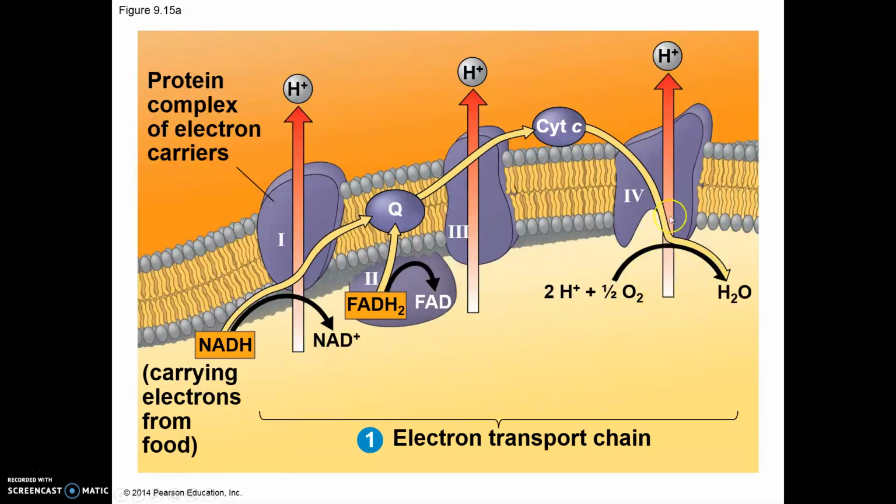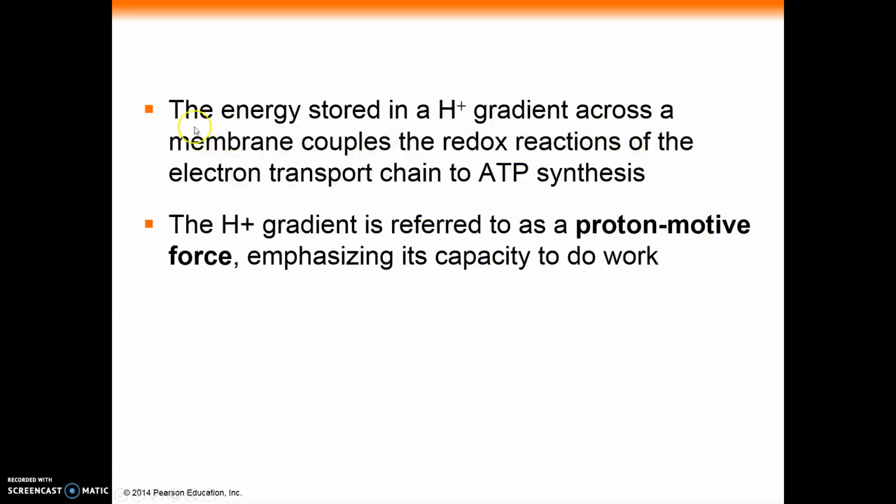This again is transporting protons across this membrane. All this energy is stored in a hydrogen ion gradient, right? So we have a high concentration of ions that we are generating on one side of a membrane. We can then utilize that to drive ATP synthesis.